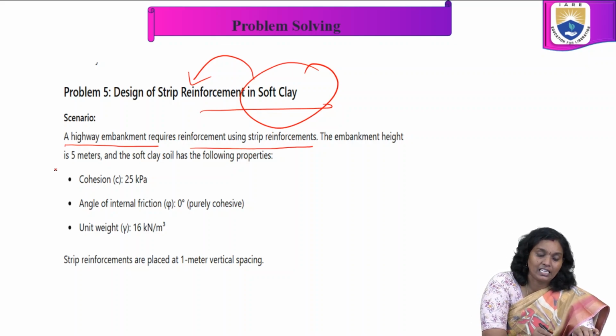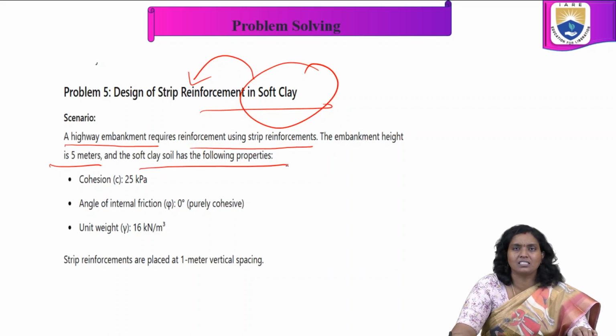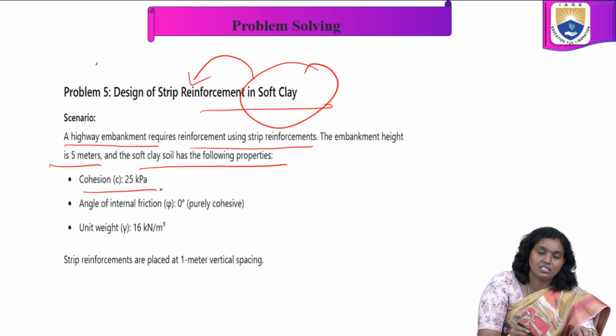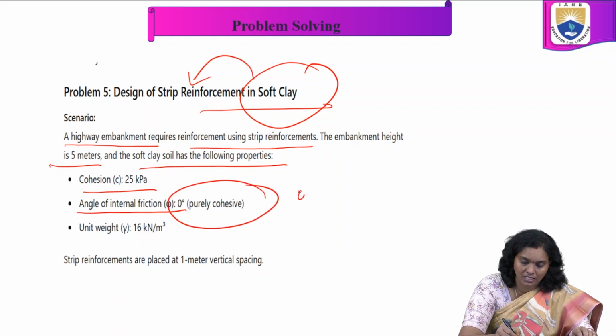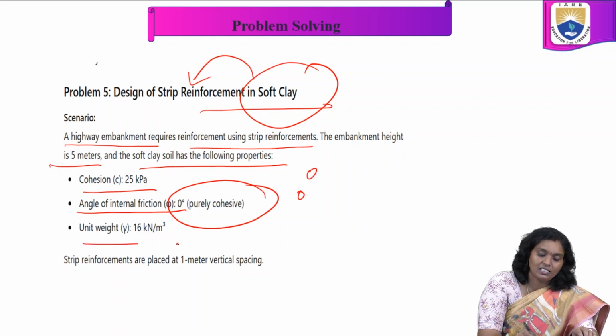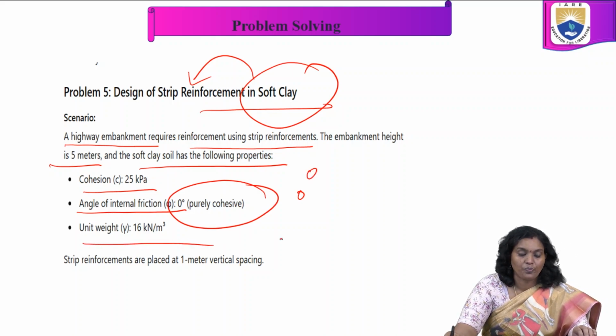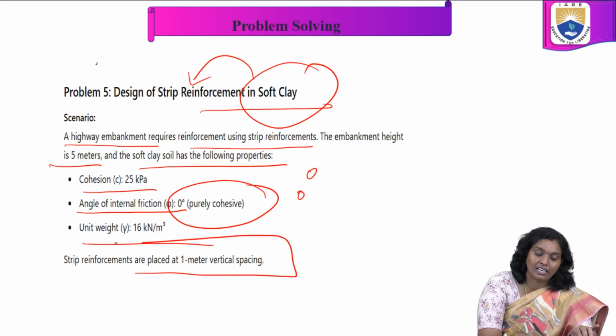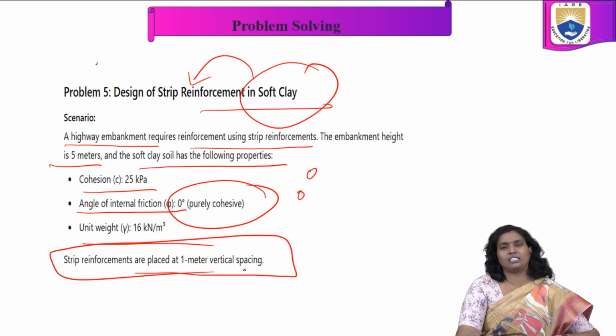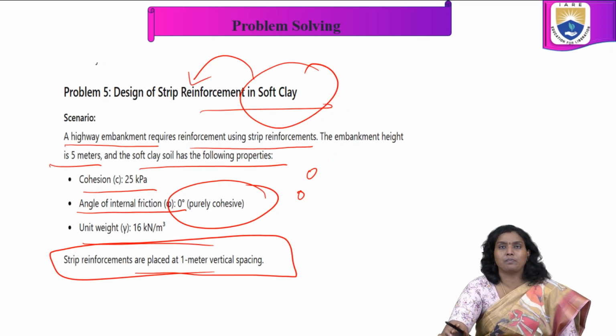The embankment height is 5 meters and the soft clay soil has the following properties: cohesion 25 kilopascals, angle of internal friction 0 degrees, since it is purely cohesive, and unit weight 16 kilonewtons per meter cube. The strip reinforcement is placed at 1 meter vertical spacing.